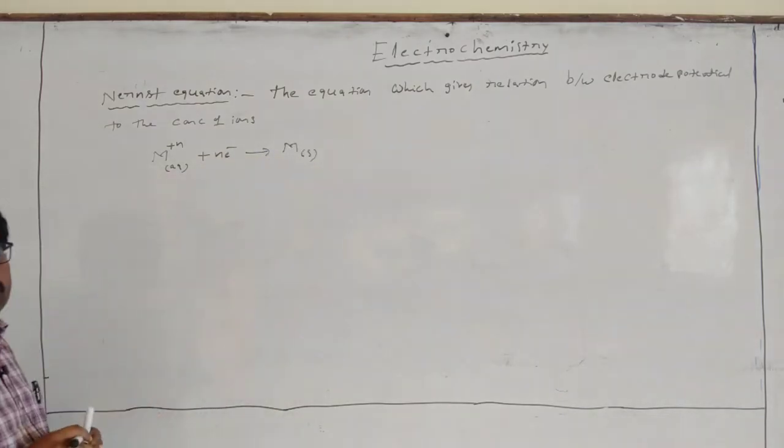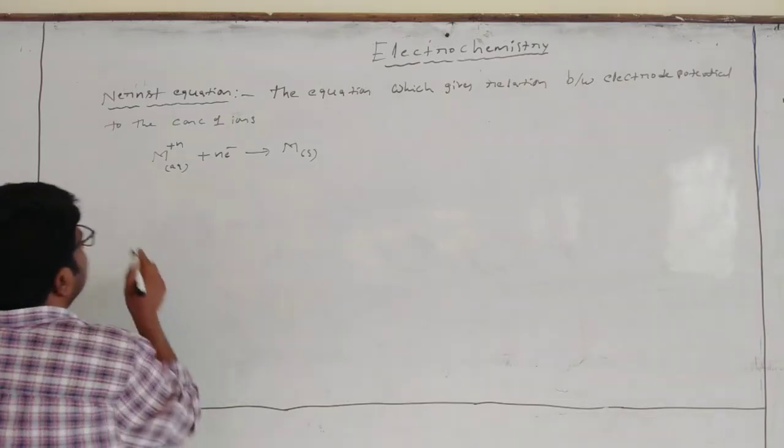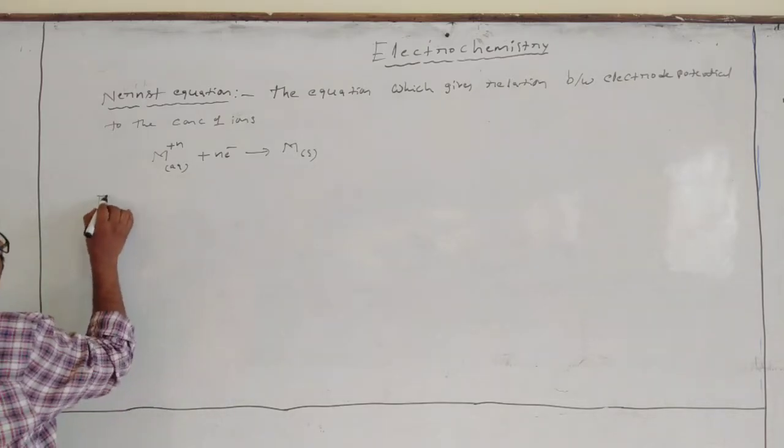So for this, how do we write the Nernst equation?